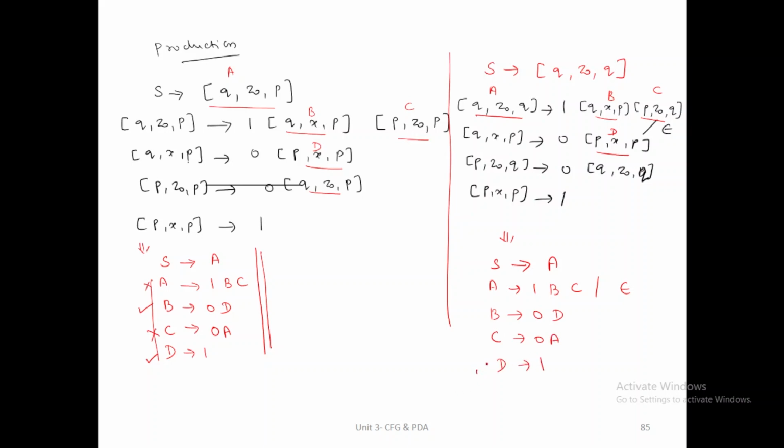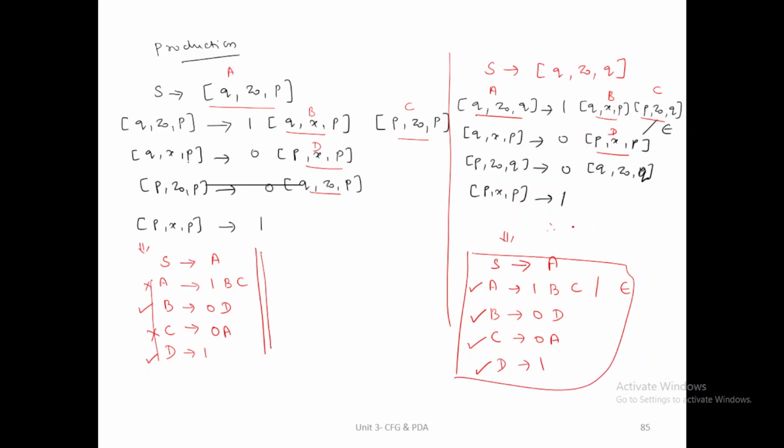So here these variables produce input strings. If I substitute the D value into B, B produces it. C means 0A, and A can be substituted with either 1BC or epsilon. If I substitute epsilon, C produces an input string. If B and C produce input strings, A can also produce the input string. So the correct CFG production is this one.